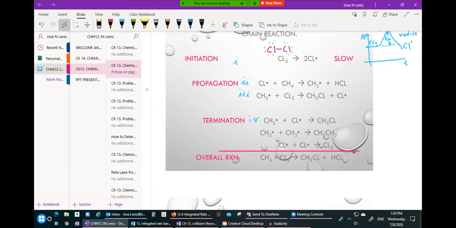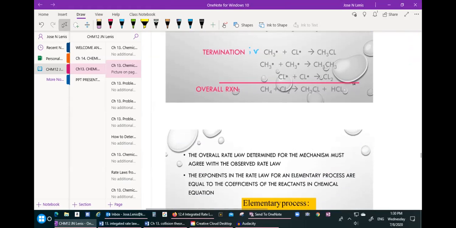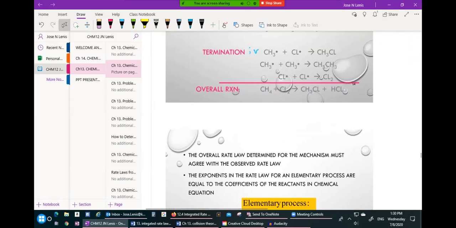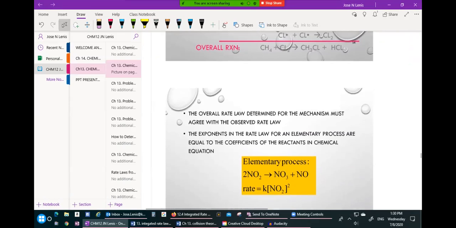Another example I have here, this is the chloromethane, which is a haloalkane compound, an organic compound.